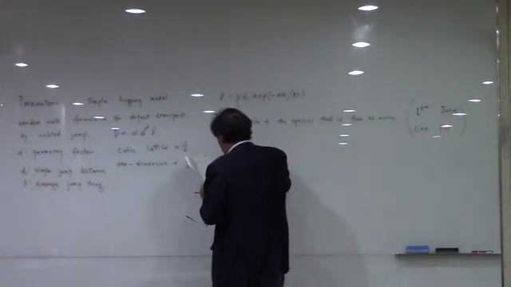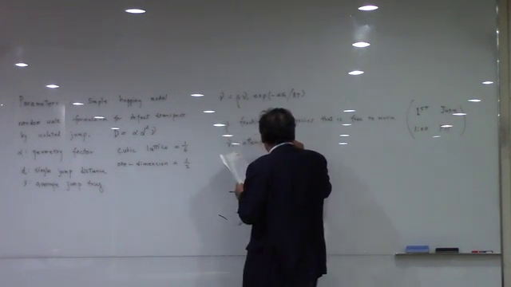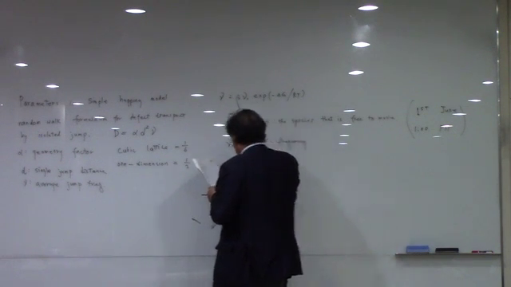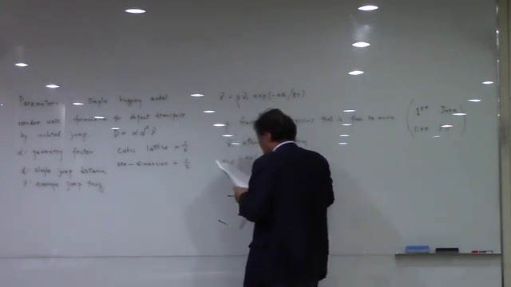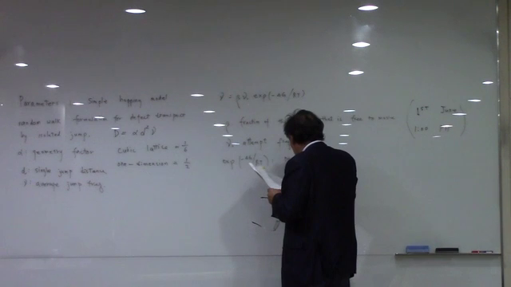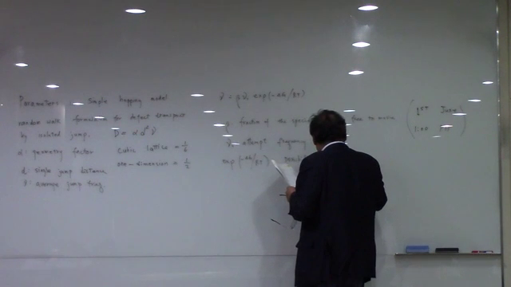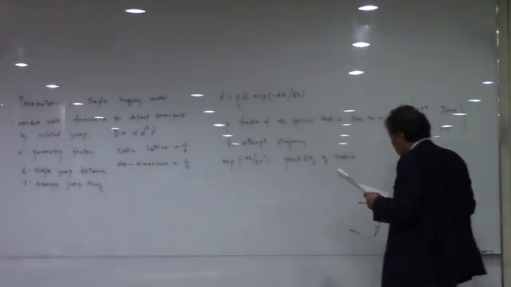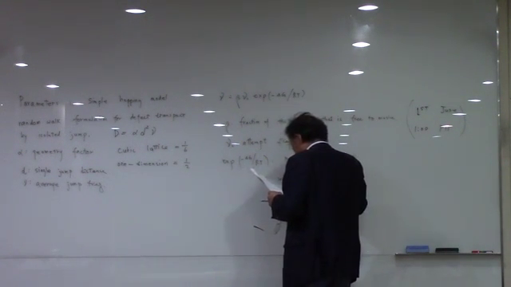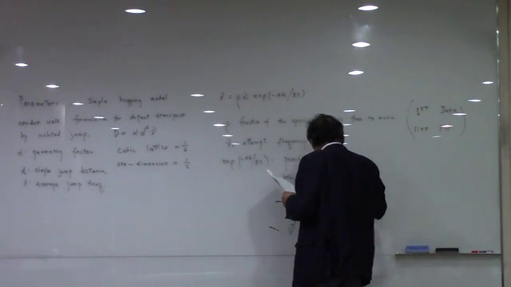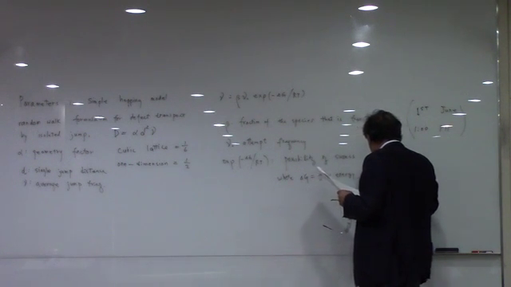And nu naught is the attempt frequency. Exponential minus delta G over RT is the probability of success, where delta G is the free energy of migration.